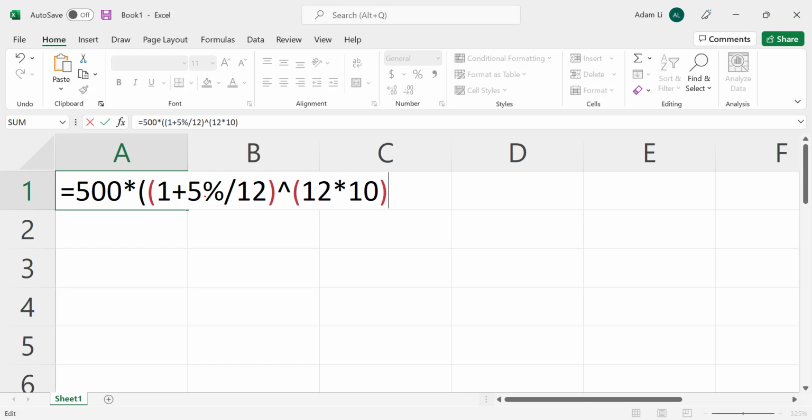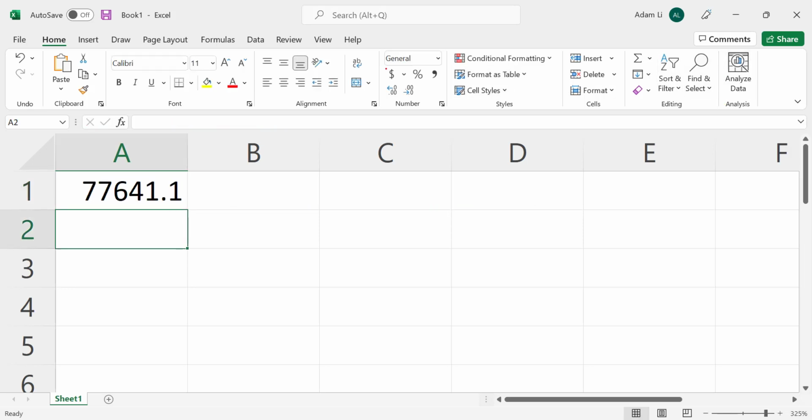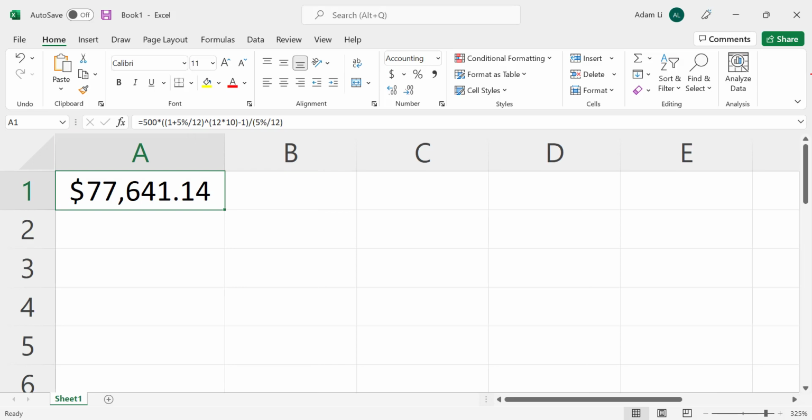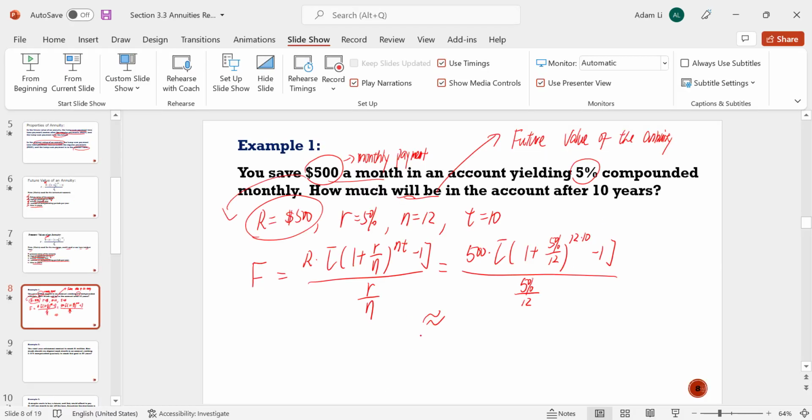So we're making 120 payments of $500, minus 1. That will be the numerator, divided by the denominator in parentheses, 5% divided by 12. Once you input it, Excel or your calculator will give you the result. So in 10 years, you end up with $77,641.14.